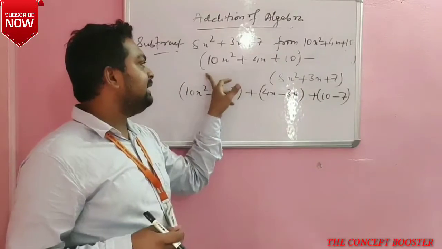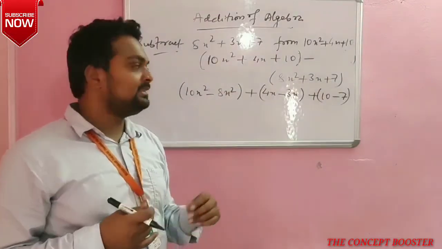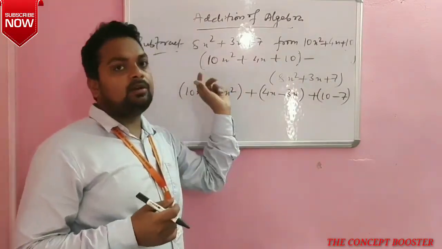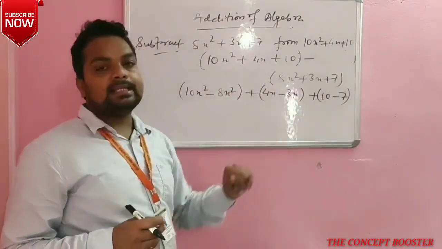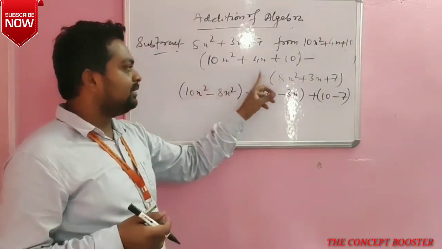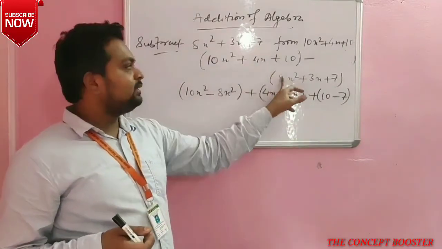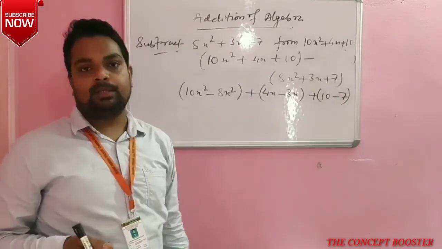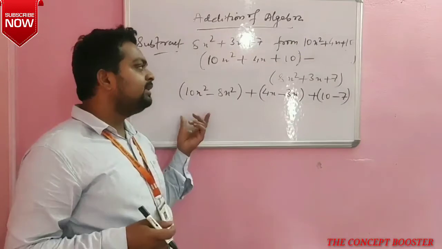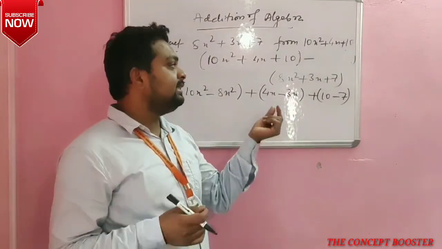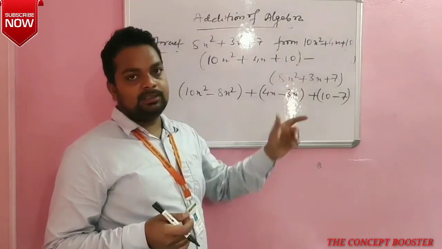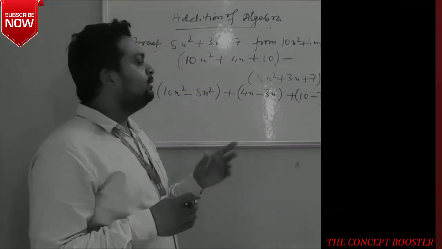You cannot write 10x square minus 3x is equal to 7x square or 7x, because x square and x are different terms. You can always subtract x square with x square, x with x, and number with number. So keep this in mind, and do not forget to take care of the sign, because signs are very important in algebra. If you forget the sign, you will definitely get a wrong result.